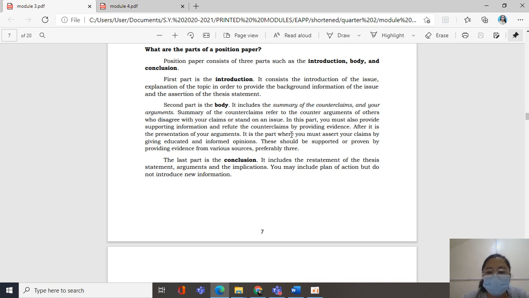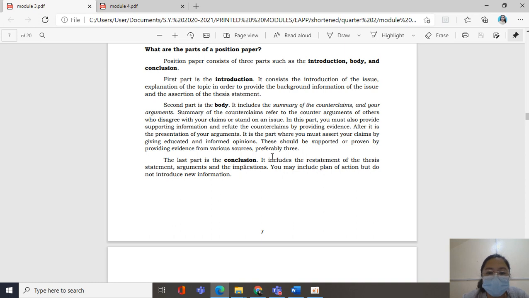So in this part of your essay, you must also provide supporting information and refute the counterclaims by providing evidence. So you have to refute by providing supporting information. Okay, later on I'll be giving samples of these position papers.